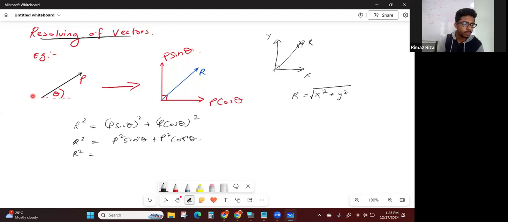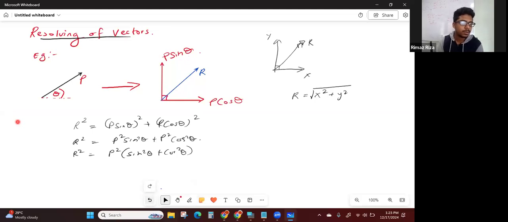P squared is common, we can take it out, so we get sine squared theta plus cos squared theta. What is sine squared theta plus cos squared theta? What is this equal to? 1. Yes, this is equal to 1. So therefore R squared is equal to P squared.